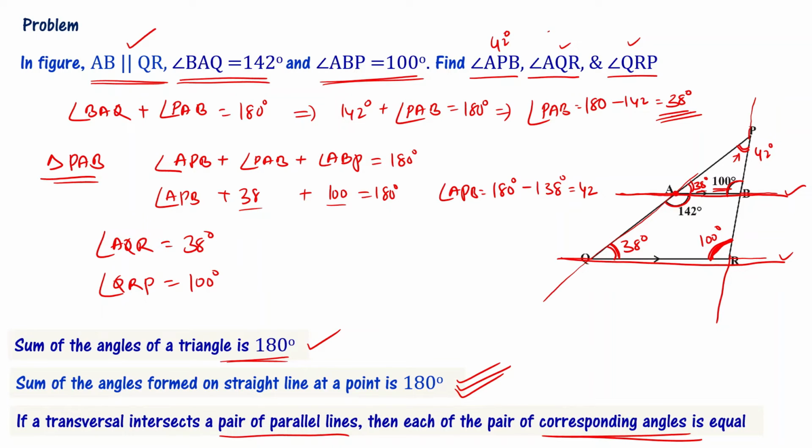We found all required angles, right? Do you understand? What we have used is three points. One is the sum of the angles formed on a straight line at a point is 180 degrees. The next one is the sum of the angles of a triangle is 180 degrees. And the third one is when you have two parallel lines and a transversal cutting through them, the corresponding angles are equal. Using these three, we are able to solve this problem, right?